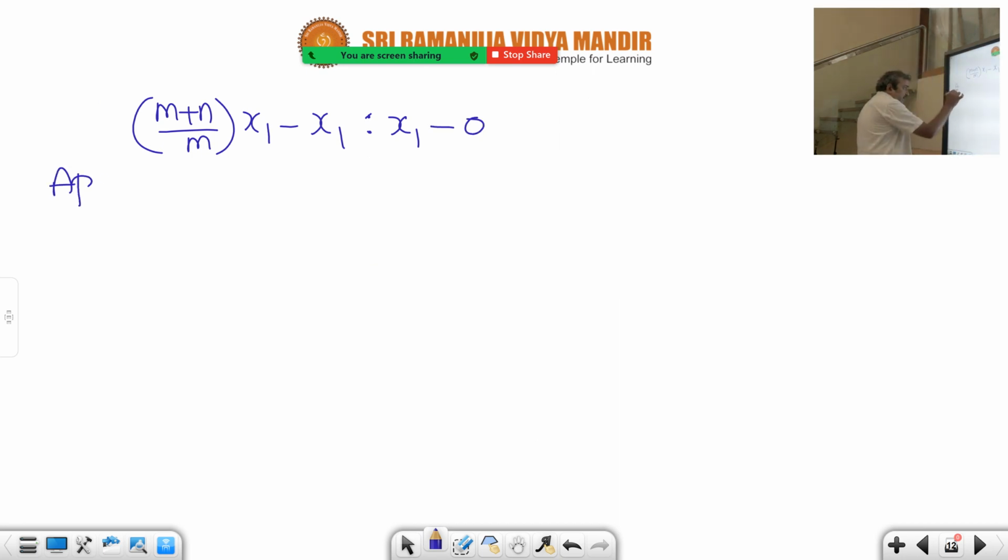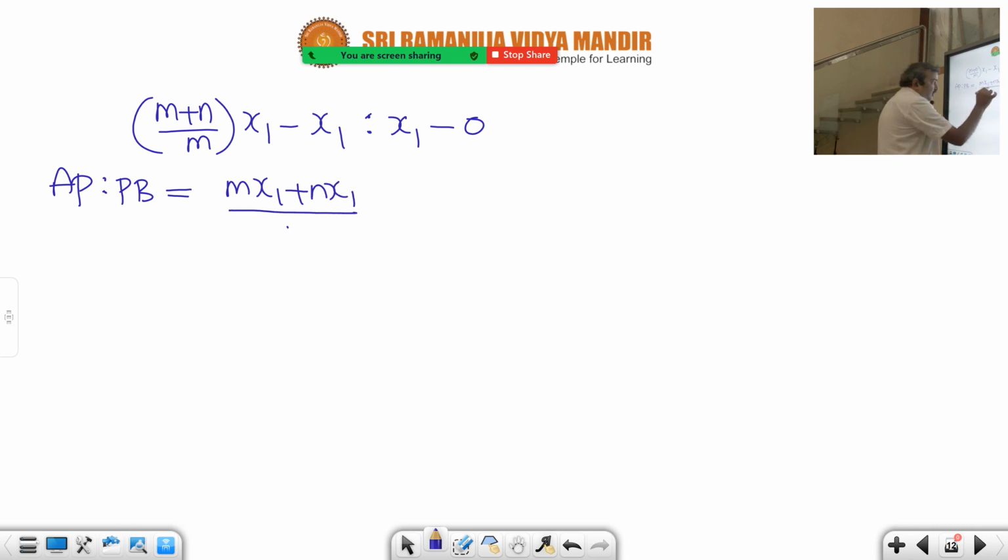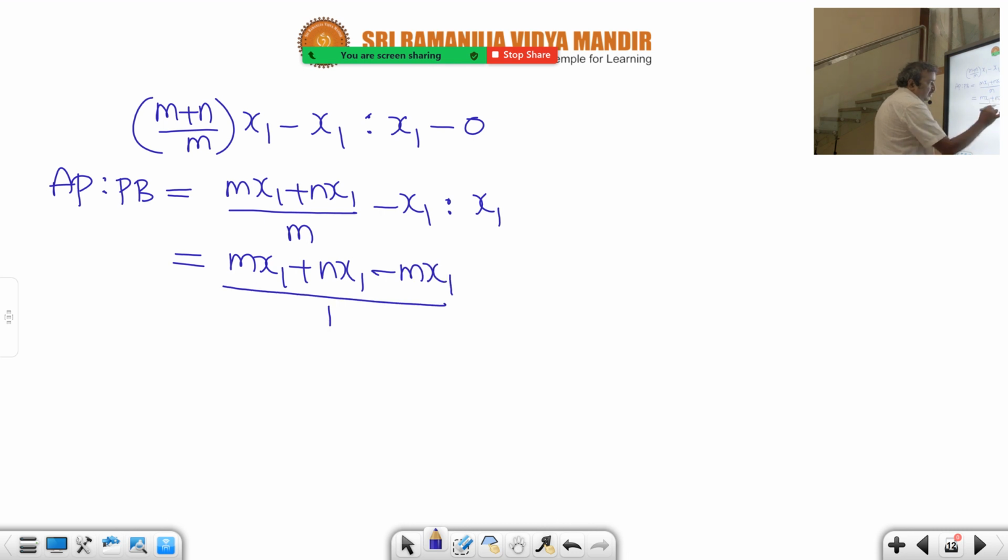And now AP is to PB is equal to m x1 plus n x1, correct, by m, minus x1 is to x1, and after that it is m x1 plus n x1 here minus m x1 by m is to x1.